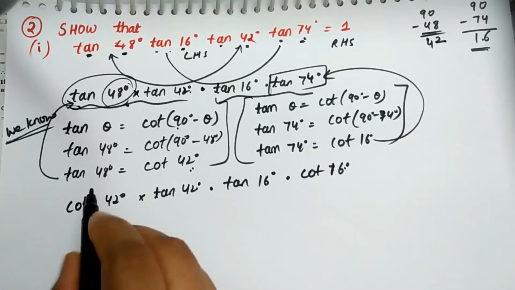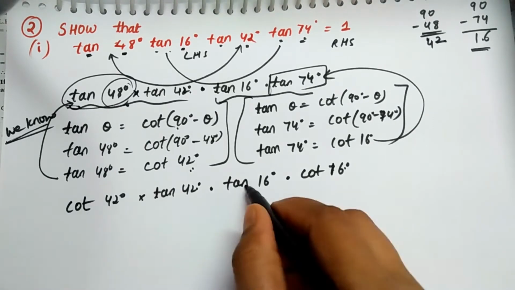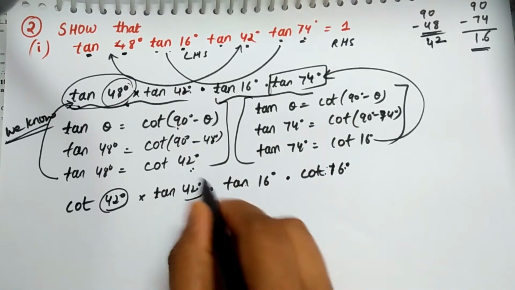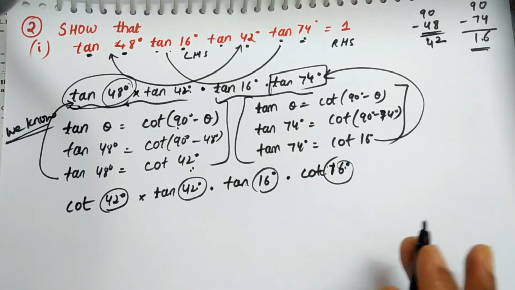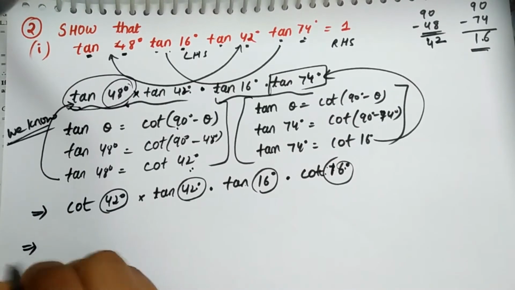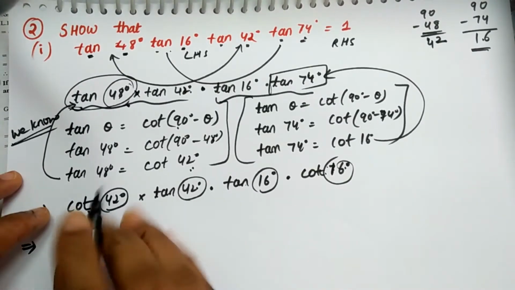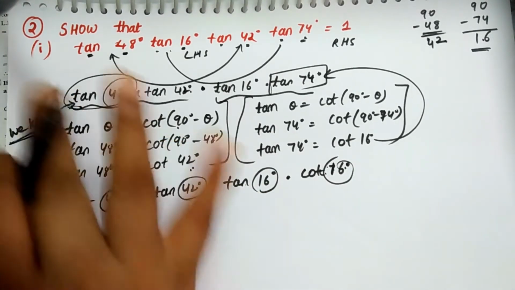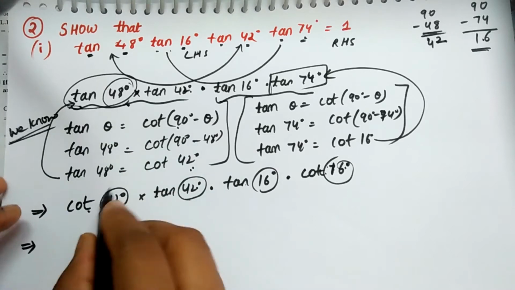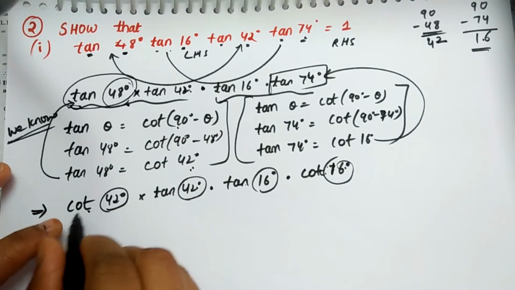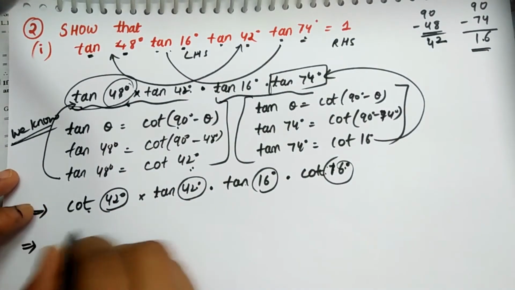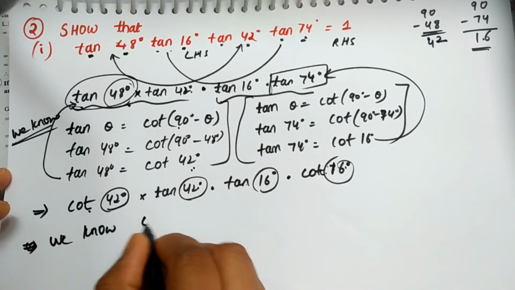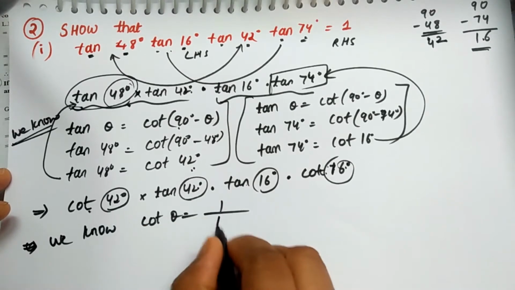Now you see the terms are different, cot, tan, cot, but the comfortable thing here is that the angles reduced to the same thing, right? Now you can easily convert this cot into tan. We know that cot theta is nothing but 1 by tan theta.